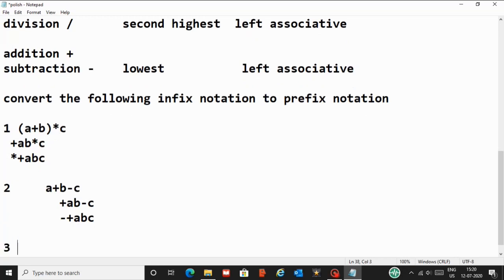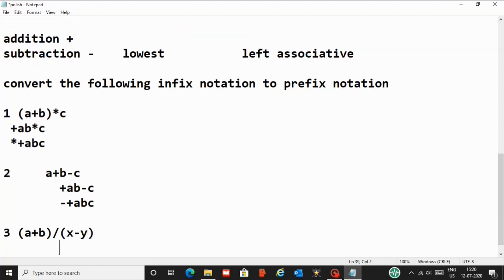The third one, let me say A plus B by, I have X minus Y. So how will I do that?